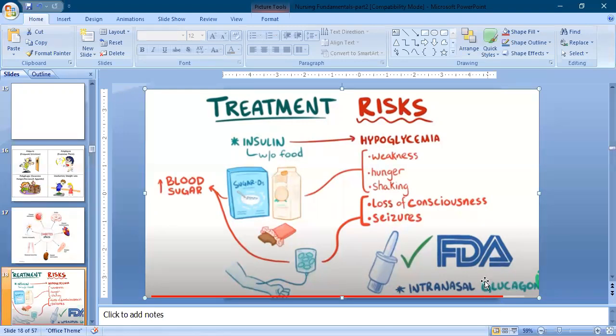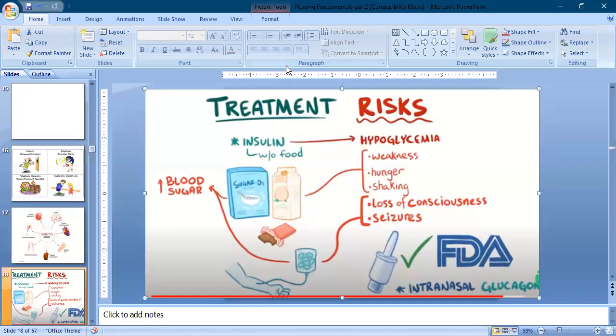Glucagon works just opposite to insulin: insulin reduces the blood sugar, but glucagon increases it. Repeat in 10 minutes if the patient is still not conscious. Once the patient is conscious and can swallow safely, have the patient consume a simple carbohydrate.